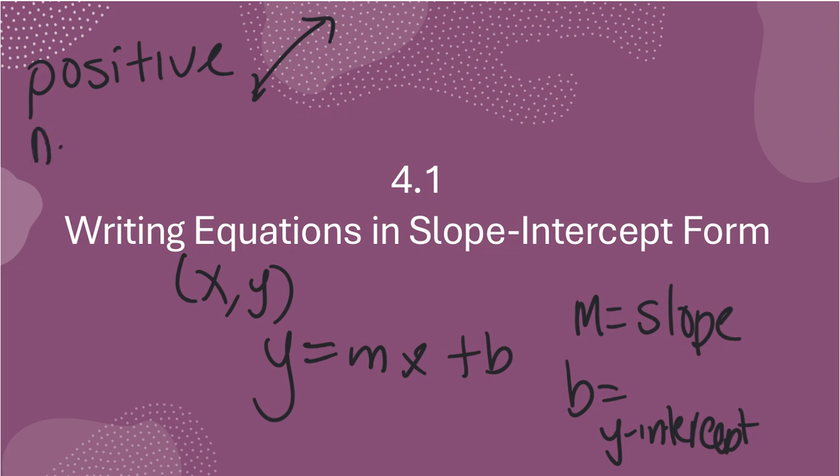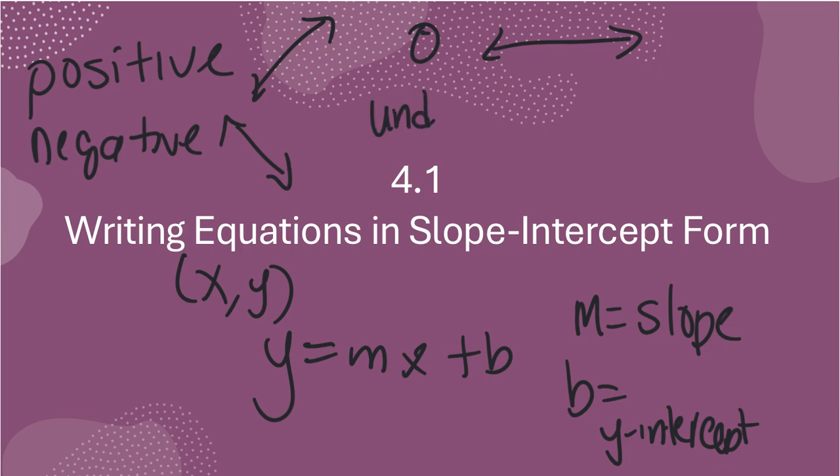Then we have negative, which is going downward, right? What else do we have? When the slope is 0, what type of line is it? A horizontal line, correct. And the other one is undefined, which is a vertical line, right?